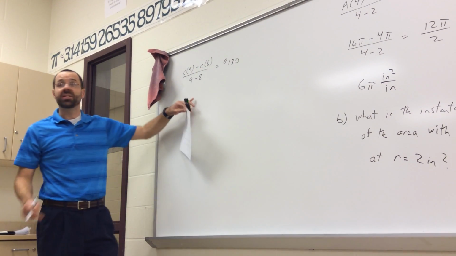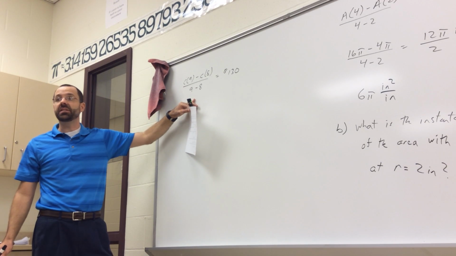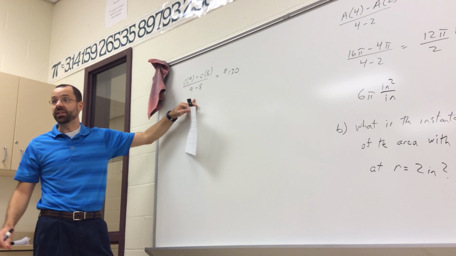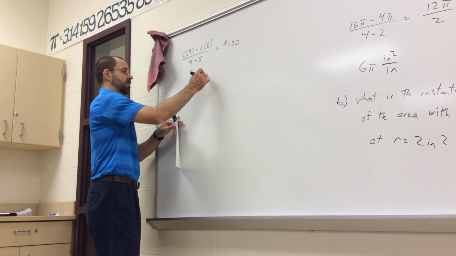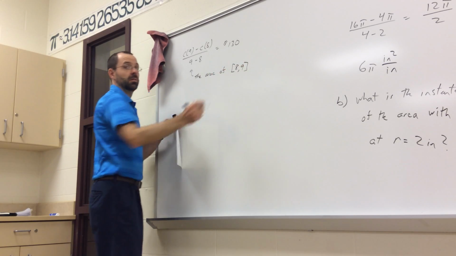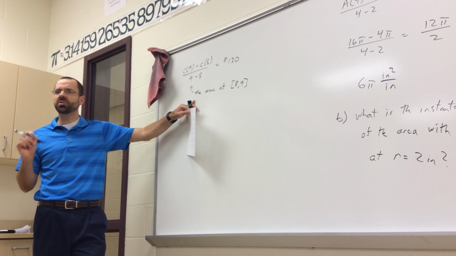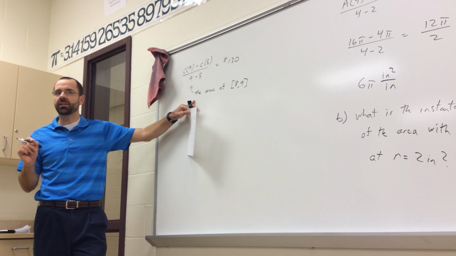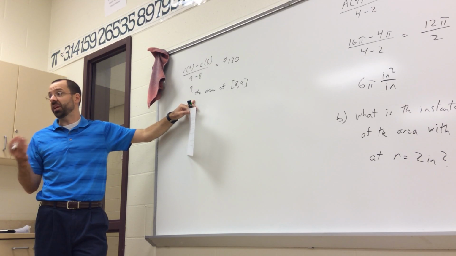So what I'm pointing out is that the cost to produce radiator number 9 is the average rate of change on the interval 8, 9. So let me say that again. The cost to produce radiator number 9 is the average rate of change on the interval 8, 9. It's the same idea.